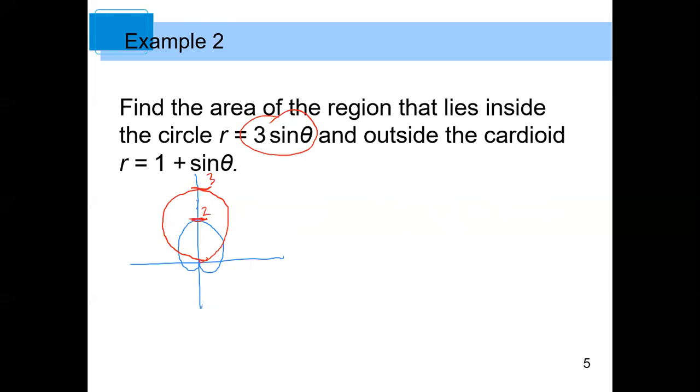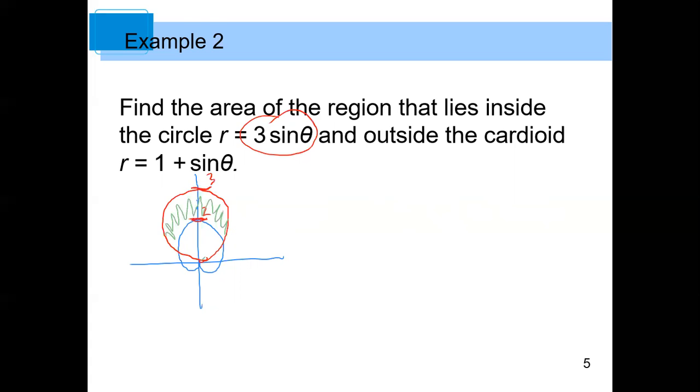So basically what they're asking for here is the area in this little crescent moon-shaped region. Does that make sense? It says outside the cardioid, but inside the circle.